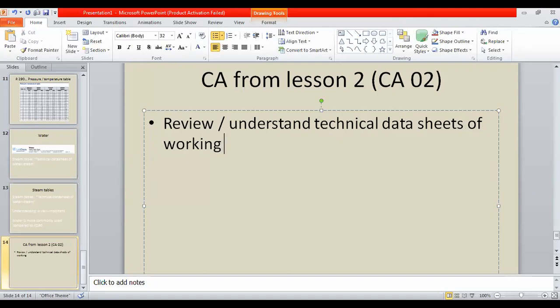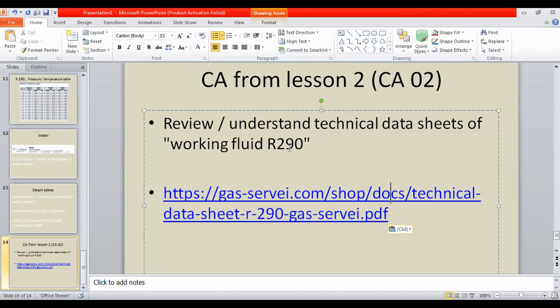I have mentioned this word, working fluid. Here we are taking R290. This is the link for the technical data sheet.